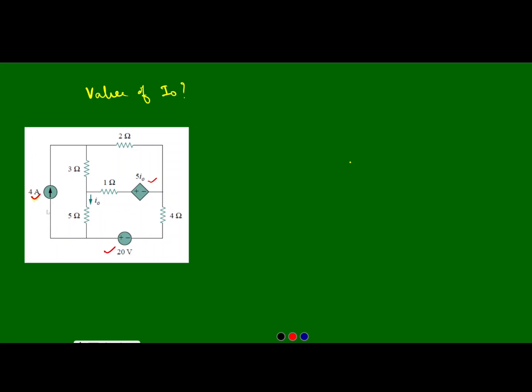In the superposition theorem, we consider only one independent source at a time, and the other sources are to be turned off. A voltage source should be short circuited, and a current source should be open circuited.